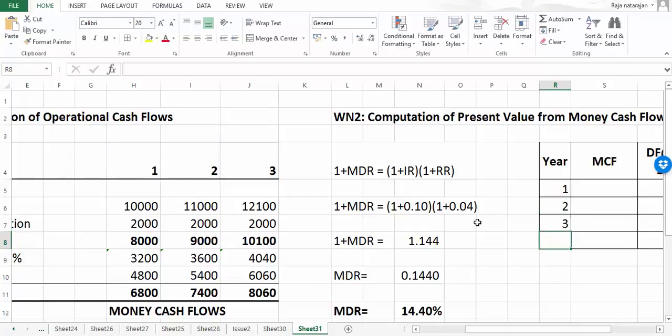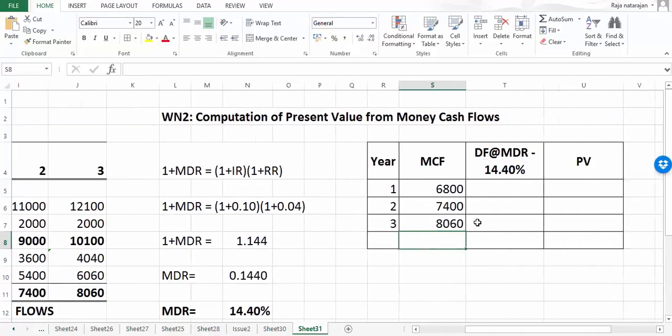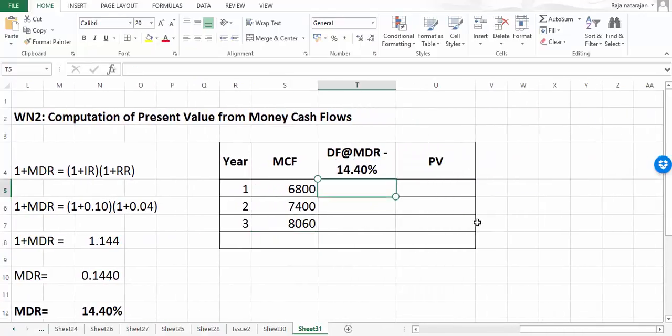Fine. What are the money cash flows? Let us pick up year 1, it is 6,800. Year 2 it is 7,400, and year 3 it is 8,060. Now we have to discount these cash flows at what rate? 14.4. So I'll apply the formula 1 divided by 1.144 to the power of the time period, which is year 1.